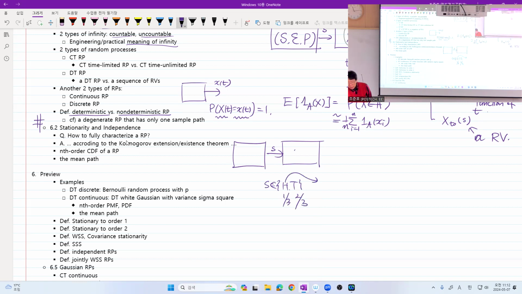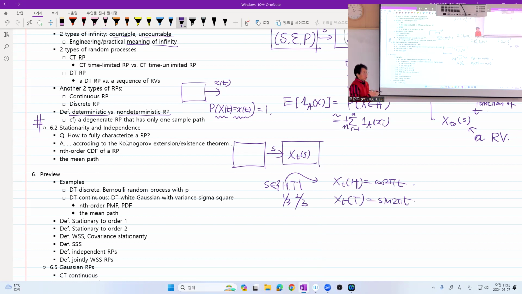And for heads, this mapping rule gives you cosine 2 pi t, I remember. And for tails, sine 2 pi t. Got it?